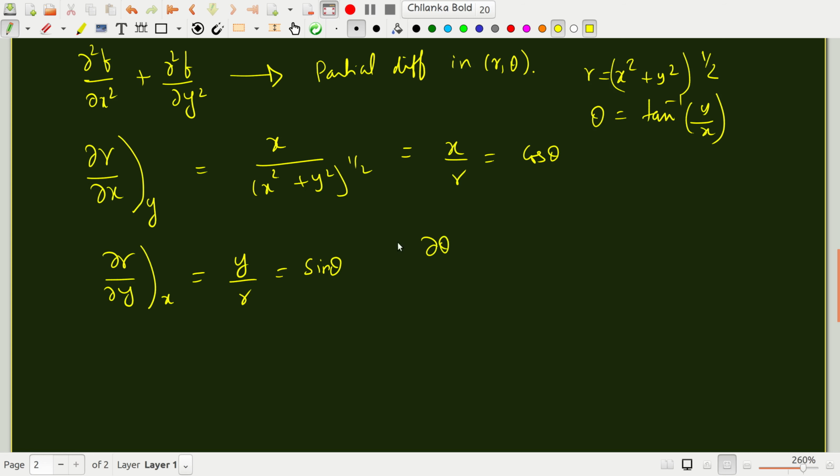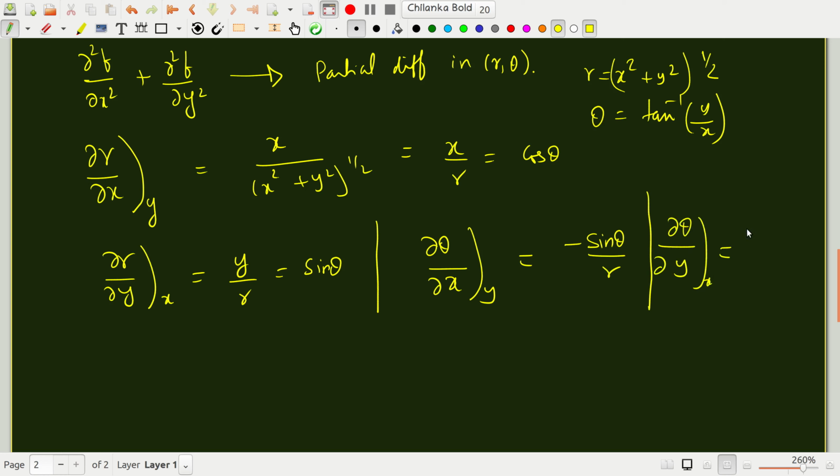Now we also need partial theta partial x at constant y, which is minus sine theta by r, and we will need partial theta by partial y at constant x, which is plus cos theta by r. This is just obtained by differentiating the tan inverse and then using the basic relations x is equal to r cos theta and so on.